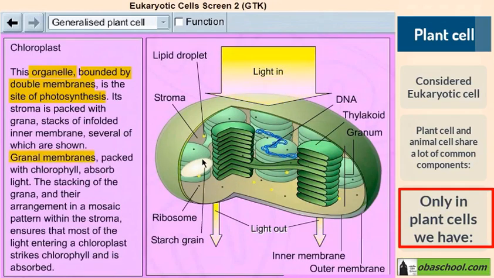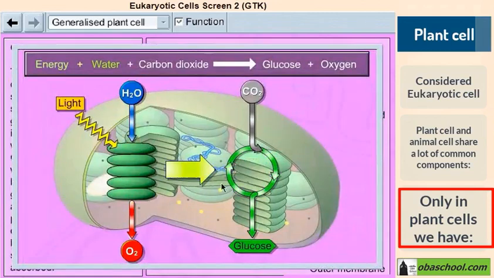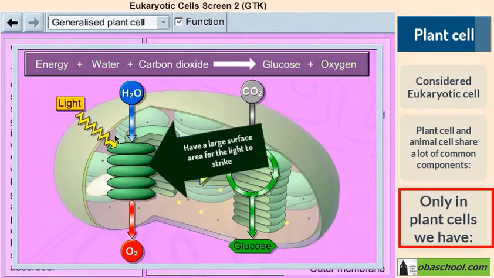The chloroplast contains granule membranes. As you can see here, the granule membranes are packed with chlorophyll and they absorb light. As you can see in this diagram, the granule membranes have a large surface area for the light to strike.